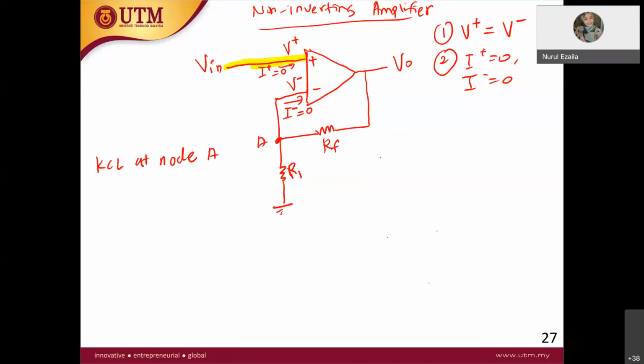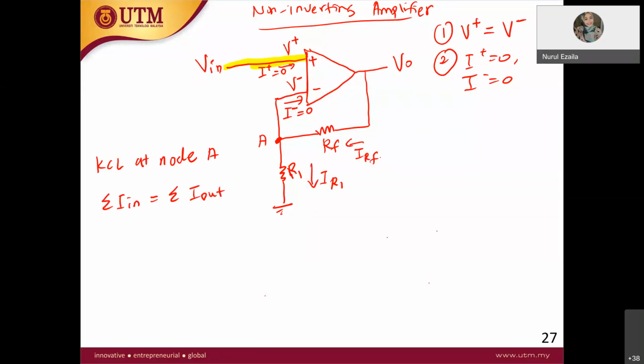So you have a current here, which is IRF, and here the current IR1. KCL says the total current in is equal to the total current out. So what is the current into node A?